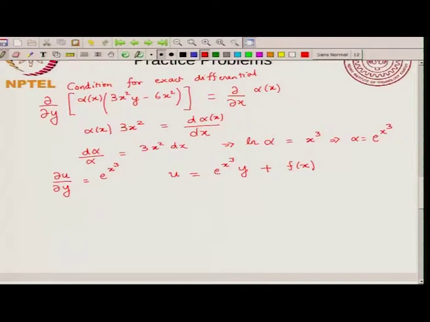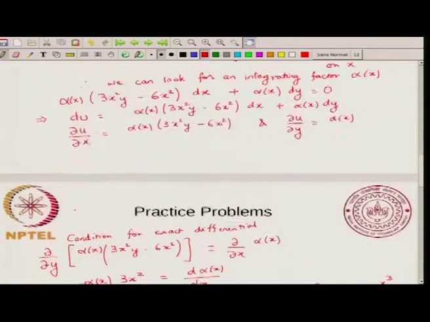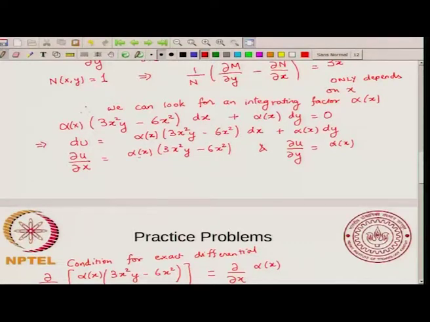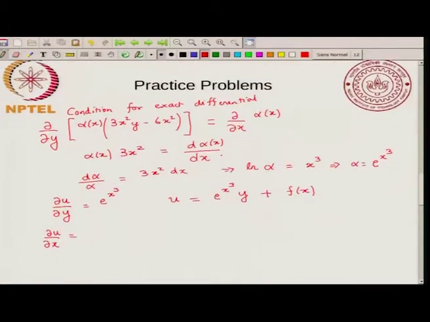Now, in order to determine this function of x, we use dou u by dou x, so we go back to our expression. dou u by dou x was alpha x times (3x square y minus 6x square).